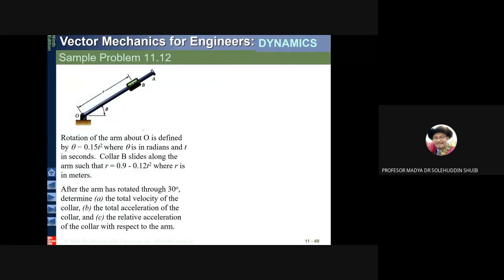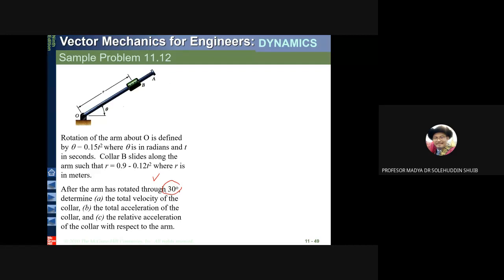The first thing we have to do is, you are given the keyword here, 30 degrees. The arm has been rotated at theta equal to 30 degrees.